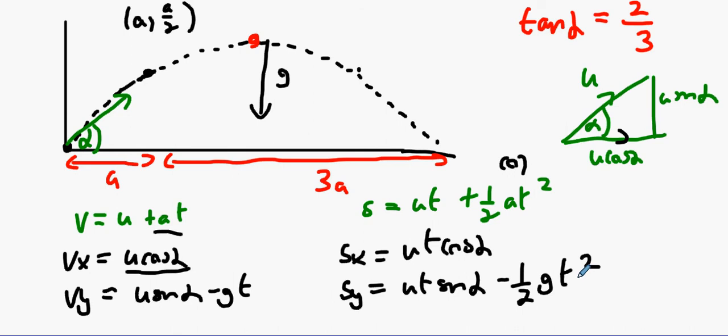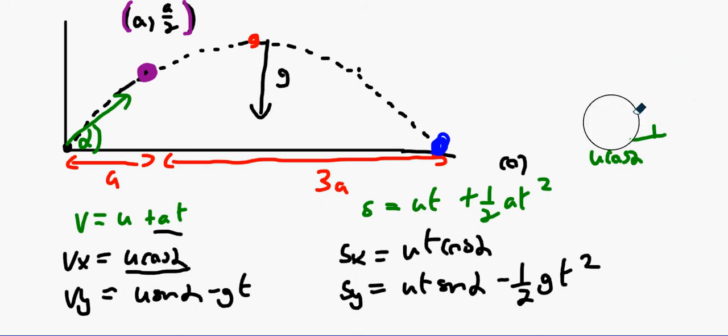Okay? There's lots of information here. Can anybody list down the pieces of information you're given? Okay, so there's a blue spot, and then we'll call this one the purple spot. What's the information of the blue spot? Anybody tell me, what's the information the blue spot gives you? Connor. Not 3a. Very close though. 4a.